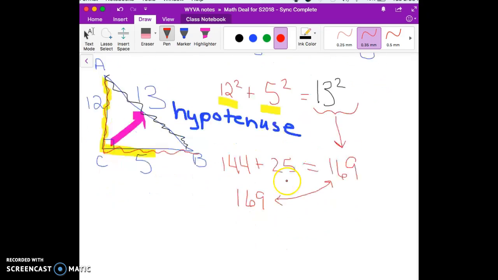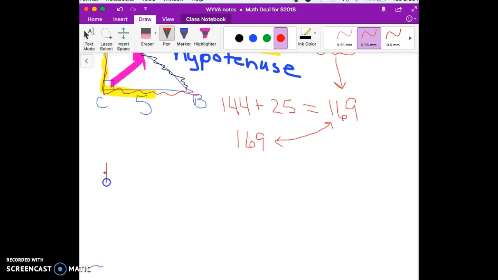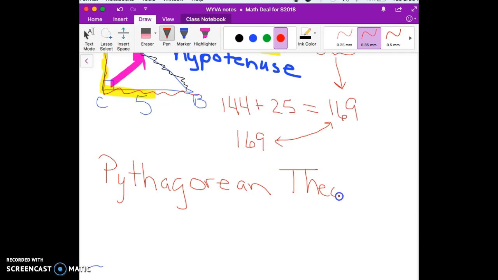All we just did was the Pythagorean theorem. And all the Pythagorean theorem says is you're going to see it as a squared plus b squared equals c squared.